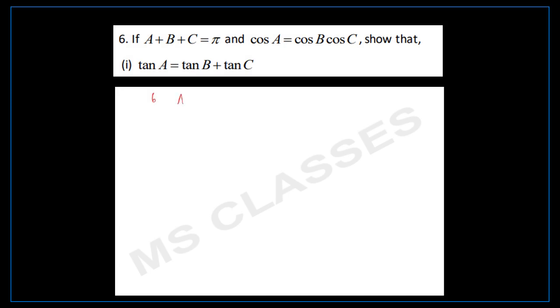A plus B plus C equal to pi. Cos A equal to cos B cos C. This is given.